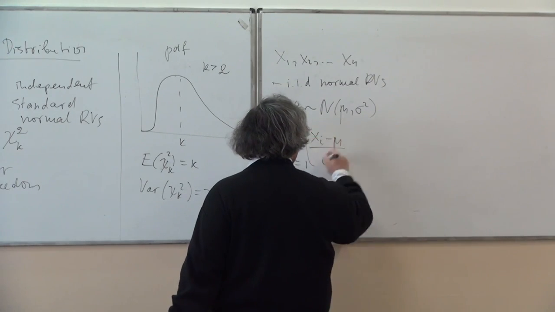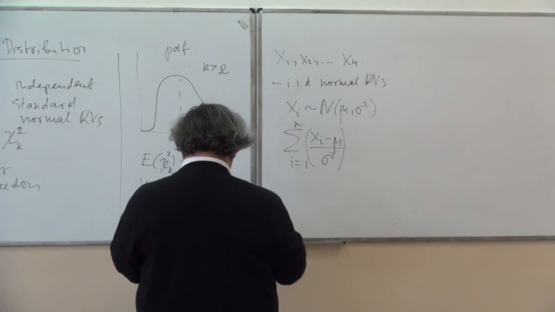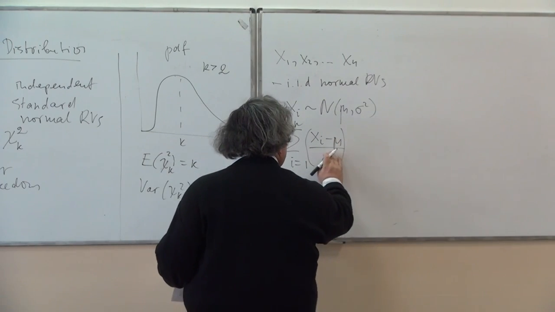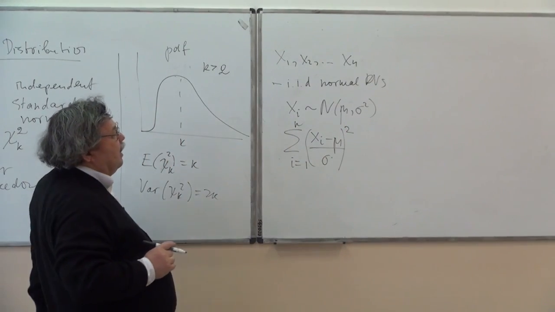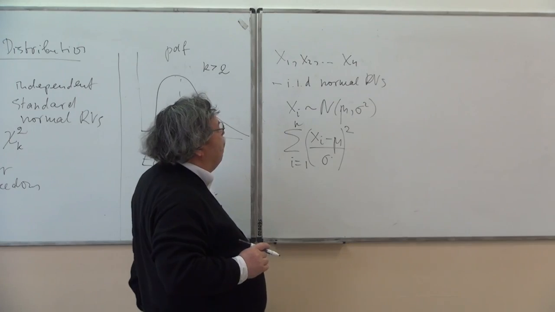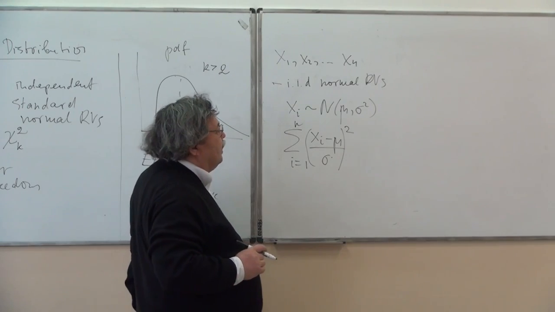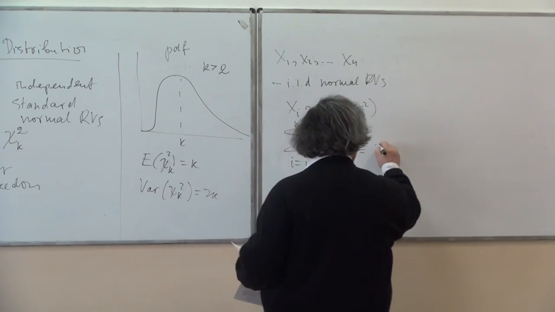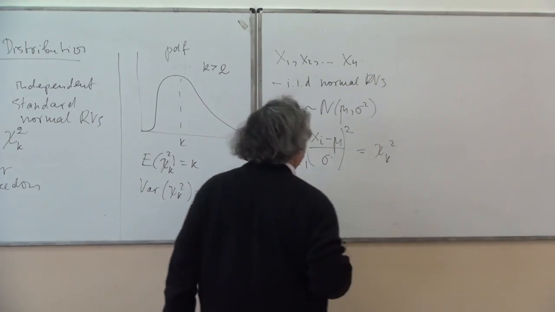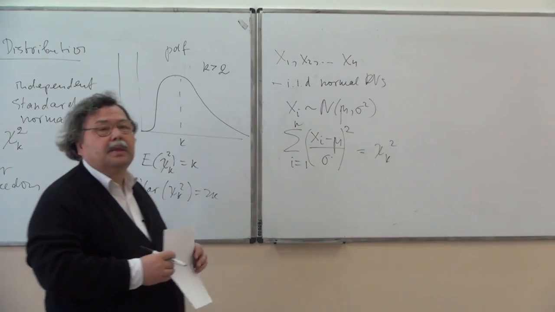We can write it this way, it's a good way to write it: xi minus mu divided by sigma, and the whole thing is squared, summed, is chi-squared. It's not a different statement.